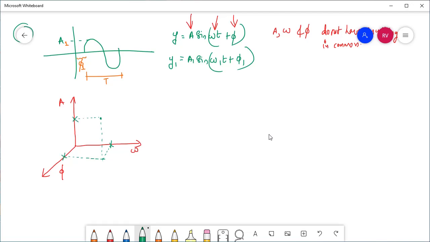It means this point P is a sine wave with an amplitude, let it be A1, phase phi 1, and this is omega 1. So this is a sine wave with amplitude A1, frequency omega 1, and phase phi 1.